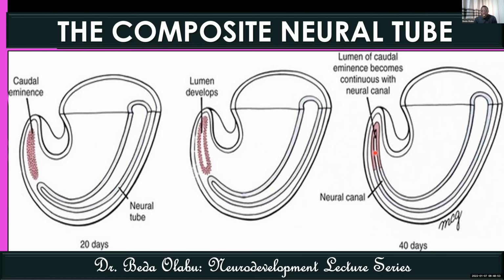Usually, the primary and the secondary neurotube join, and so we have one big composite neurotube. By the time this is happening, we are maybe on the 8th week of development. But all in all, we now have a neurotube. Remember, the primary neurotube is up and the secondary neurotube is in the most caudal region.